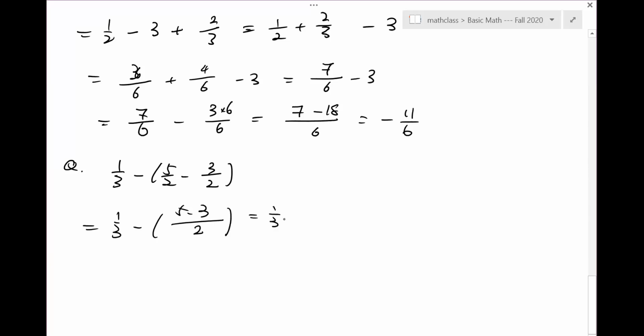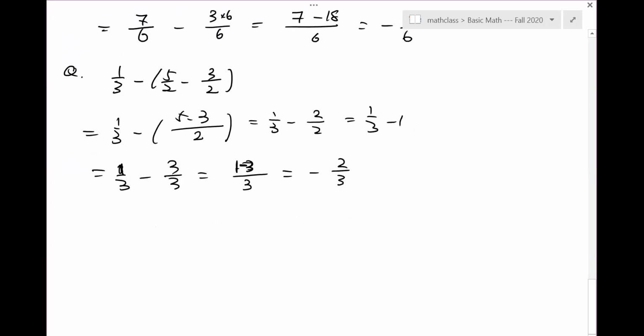Which is 2 over 2, so it's giving me just 1. Okay, so it's minus 1. And then you can say 1/3 minus 3 over 3. So 1 minus 3 is going to be negative 2. So it'll be negative 2 over 3. Good job.